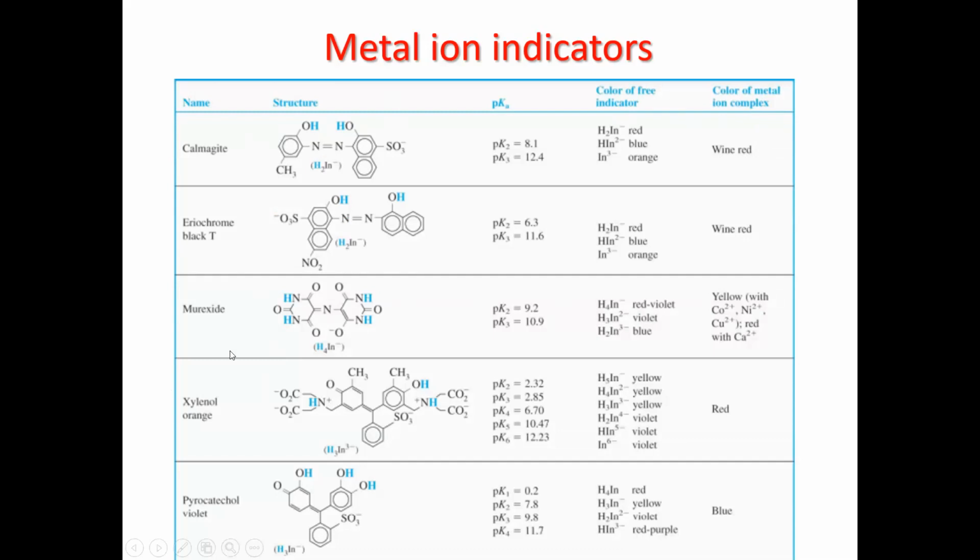Eriochrome black T is also wine red. Murexide has different colors. When it complexes with cobalt, nickel, and copper it is yellow. With calcium it is red. So some of them change color depending on the metal they are complexing with. Xylenol orange is red, and pyrocatechol violet is blue.